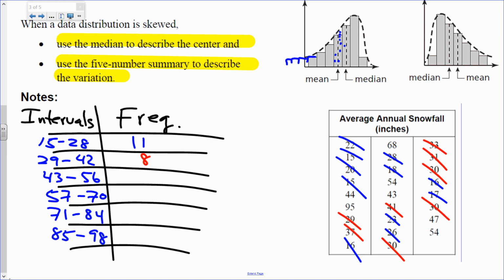That's all this measures in you. 43 to 56 now. 1, 2, 3, 4, 5.